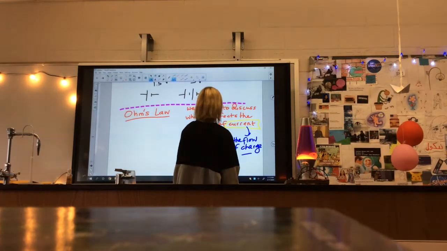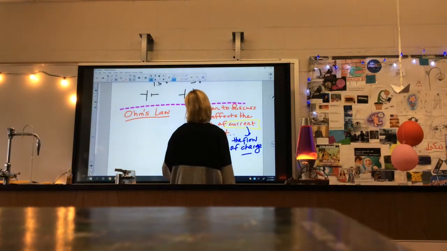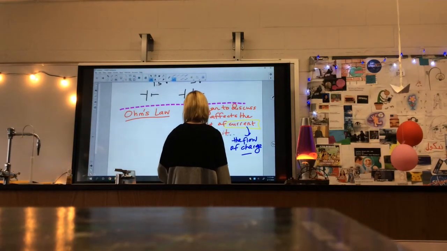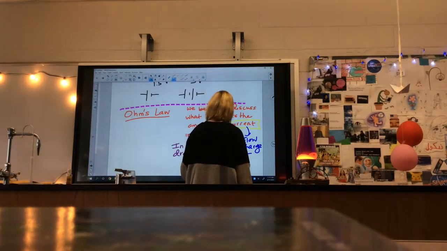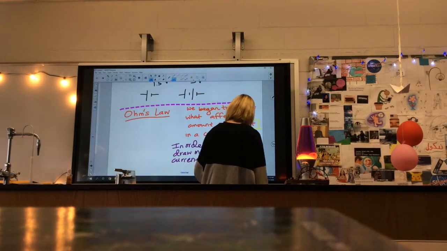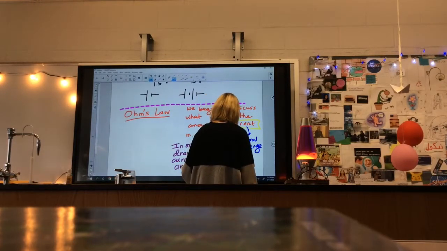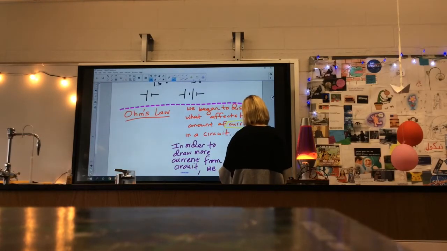In order to draw more current from our circuit, we can provide a greater amount of voltage.